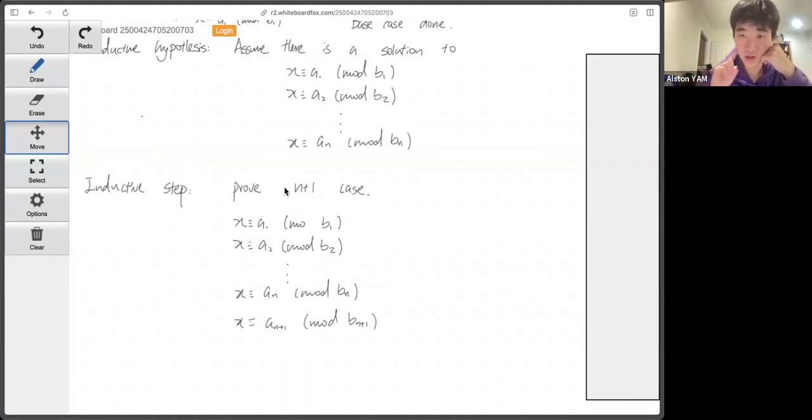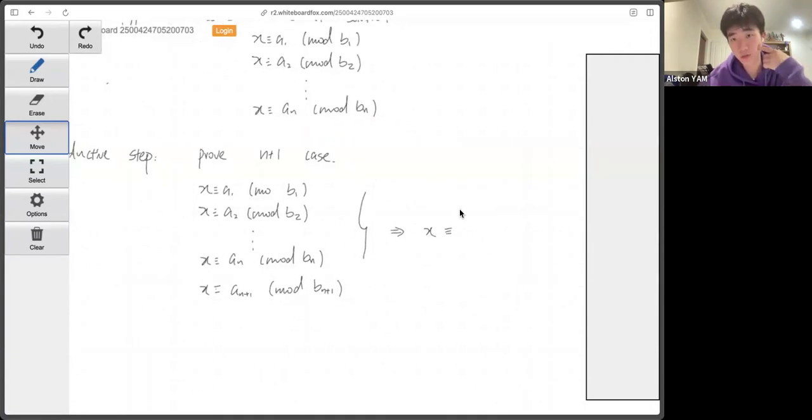So we can use our hypothesis first, because the first n are just random n's and it should hold true for any values of a and b, right? So there must be a singular x that satisfies all of these.